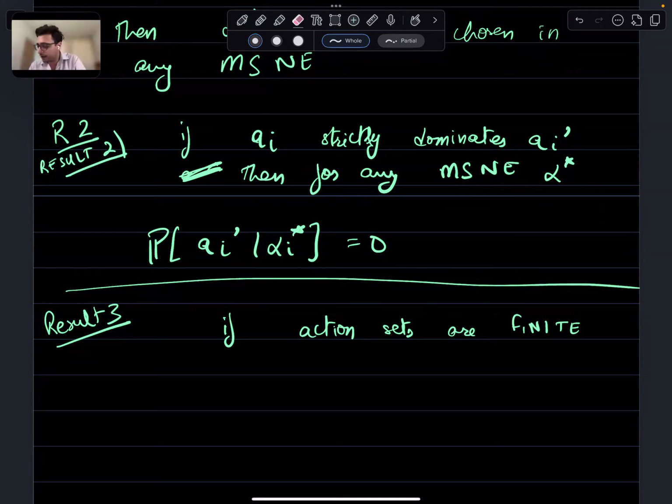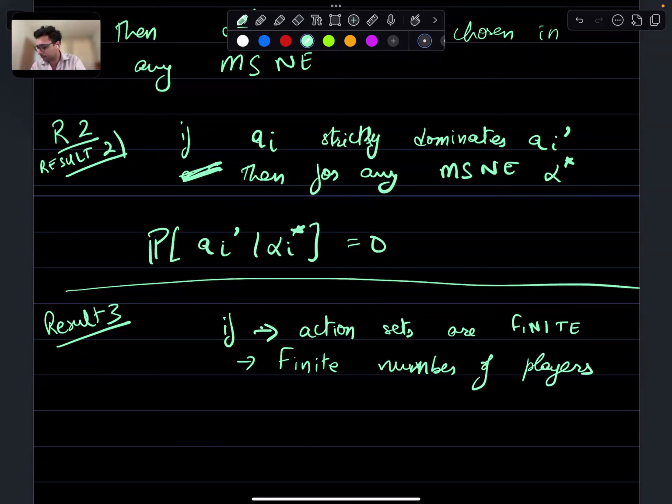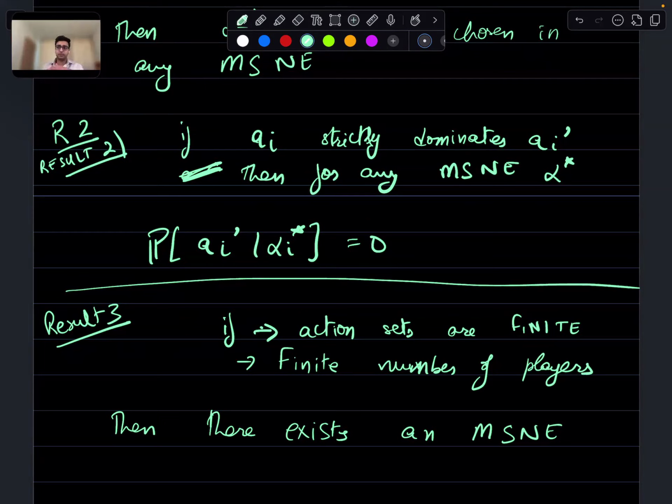If you have finite action sets, finite number of players, then there exists an MSNE. Right? This is not true for pure strategy Nash equilibria. We can write out games in which pure strategy Nash equilibria do not exist.